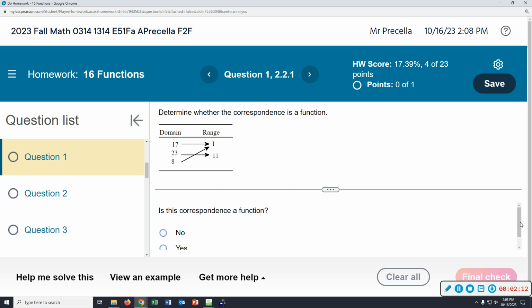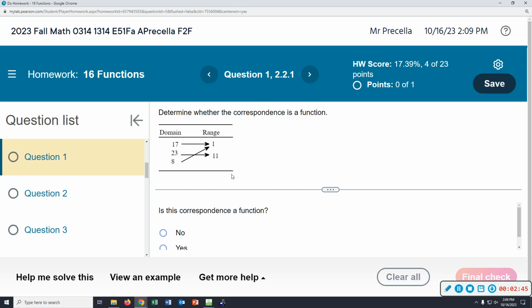It says determine whether this correspondence is a function. So they're using the word correspondence the way I use the word rule in my definition. Look at that first arrow. It looks like the number 17 in the domain is being assigned to 1 in the range. 23 is being assigned to 11.